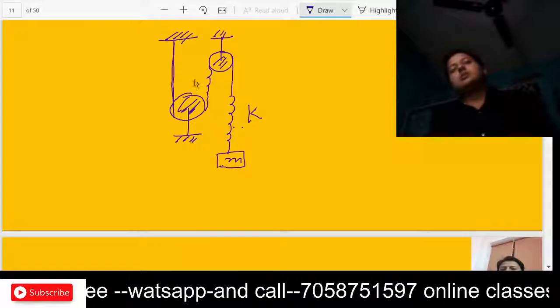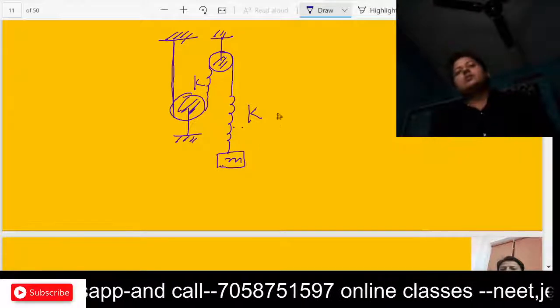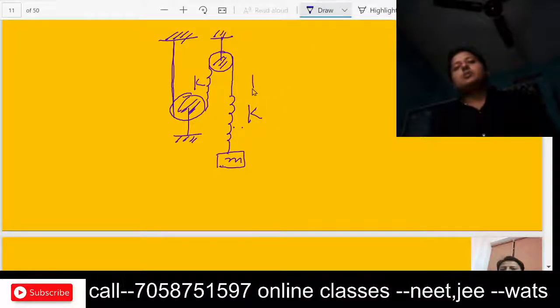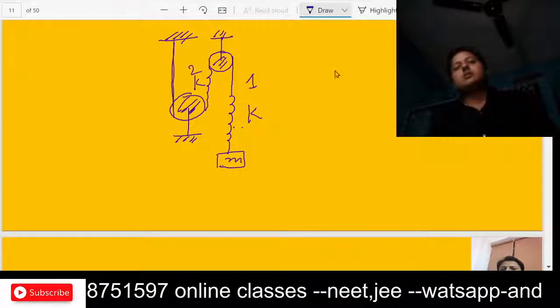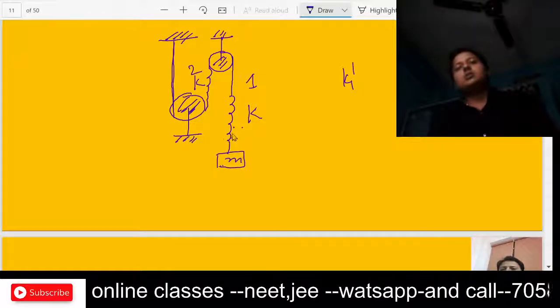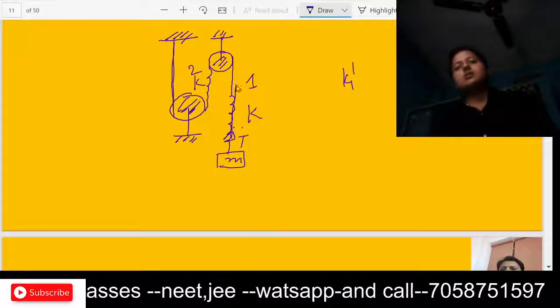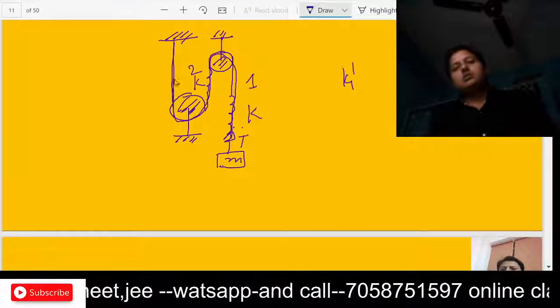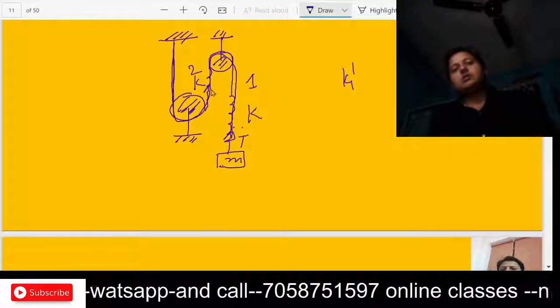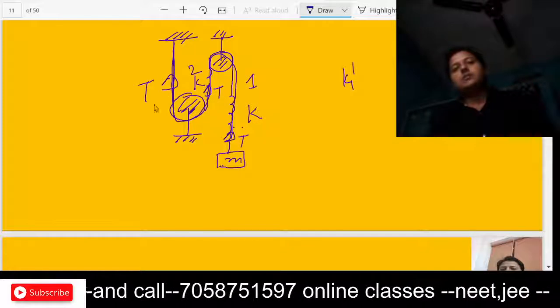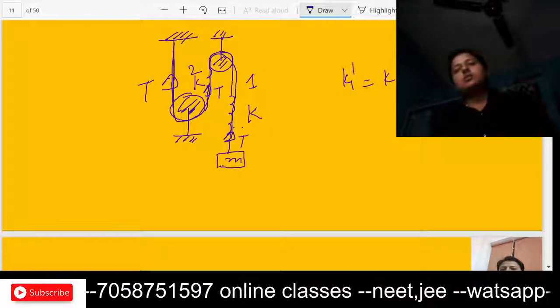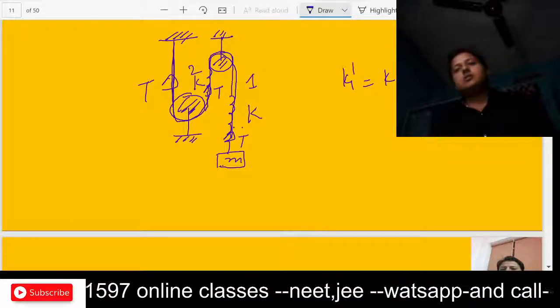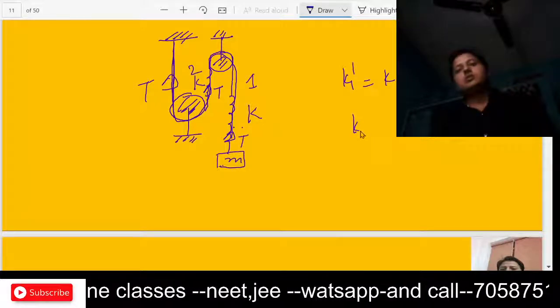Again here the constants are K. Suppose this one is the first spring and this one is the second spring. So what is K1 dash? Here tension is T, as there is a single string system, so tension in all the parts is T. So K1 dash is K times tension in mass over tension in spring, whole square. What is K2 dash?